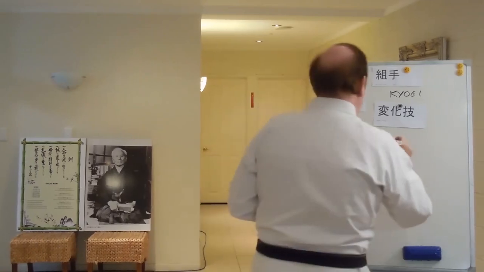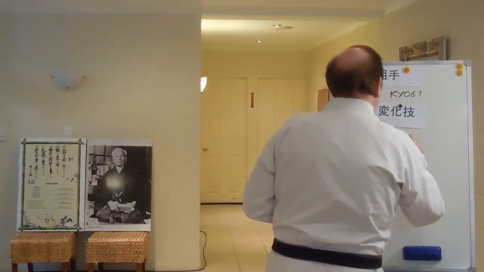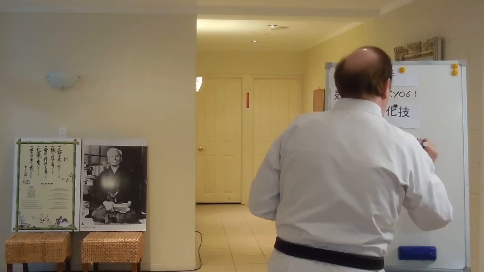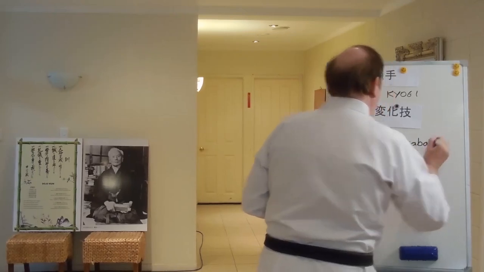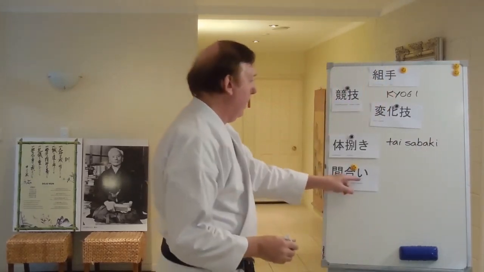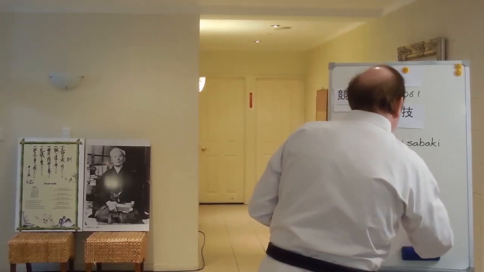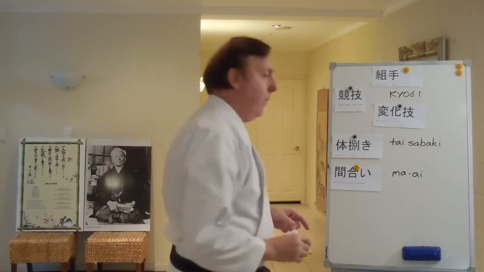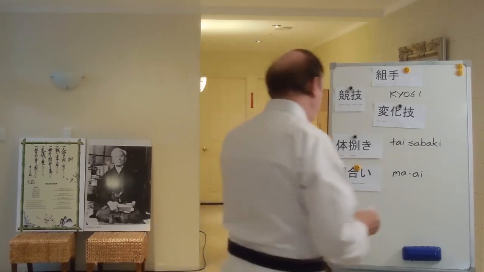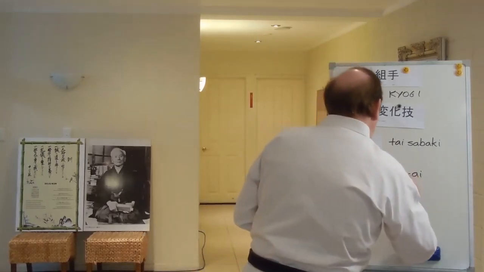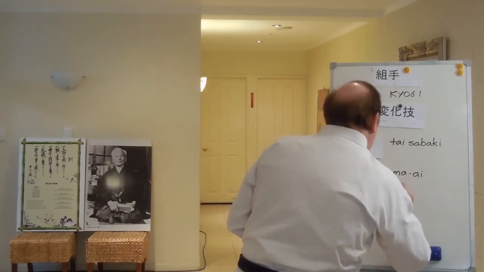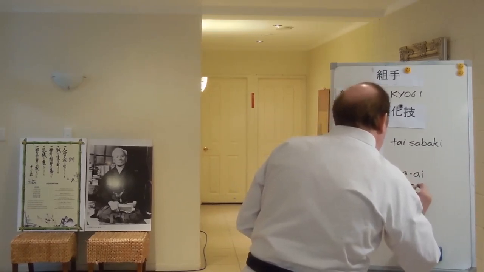So let's just put that one there again so we don't get lost. So that one's tai sabaki. And this kanji here, ma'ai, means distancing. Mai, sometimes mawai. So this idea here again is ma means space or distance.